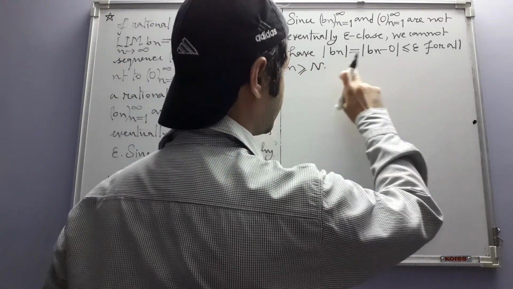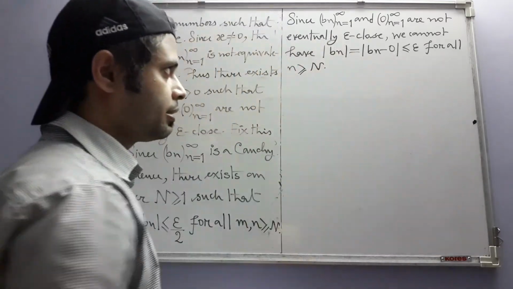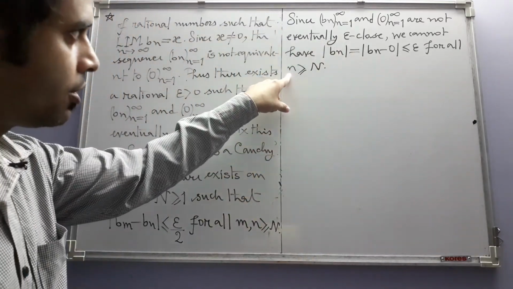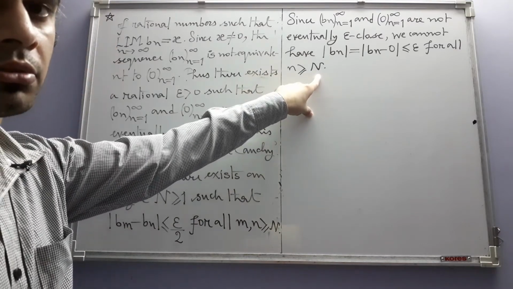So this cannot happen. Absolute value of Bn cannot be less than or equal to epsilon for all integers n greater than or equal to N.